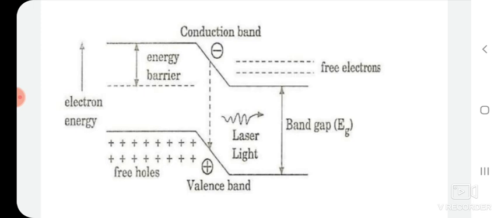When we apply a large voltage across the PN junction diode, the electrons and the holes are injected into the junction with a large concentration.